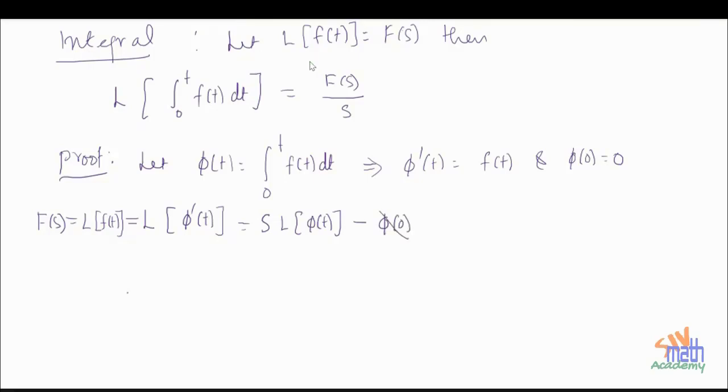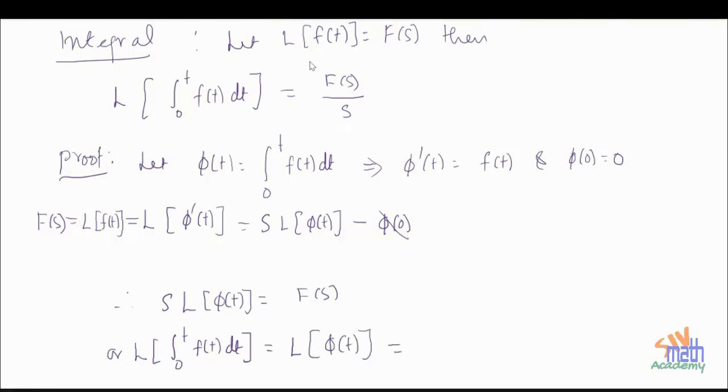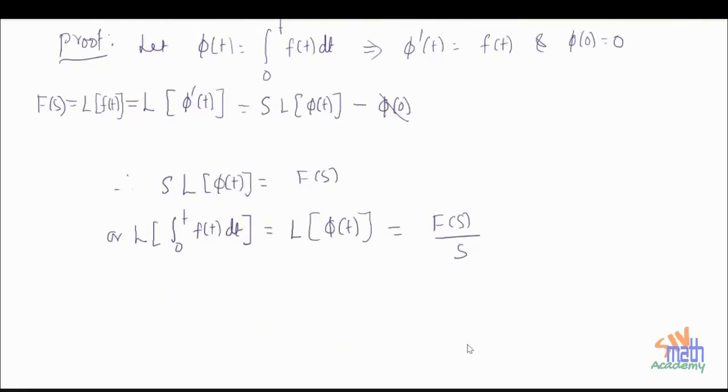So therefore, s into L of phi of t will be equal to F of s, where L of phi of t is the Laplace transform of the integral from 0 to t of f of t dt. From this, L of phi of t is F of s by s. This is what I had to prove, and I have proved it comfortably without any trouble. Here I am not using the so-called LHS RHS concept. Some techniques differ from problem to problem.